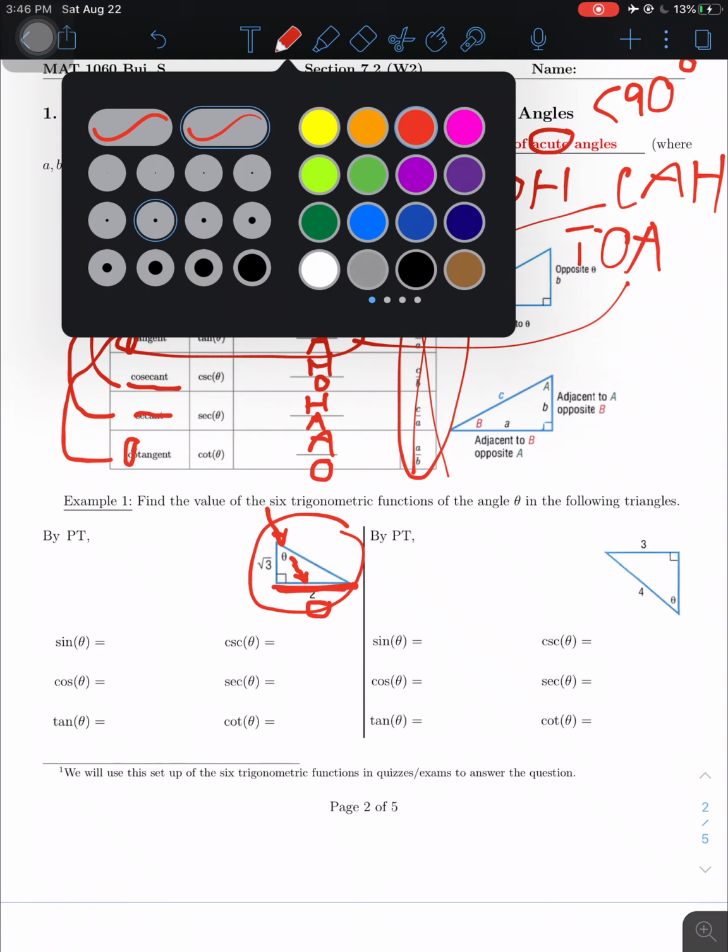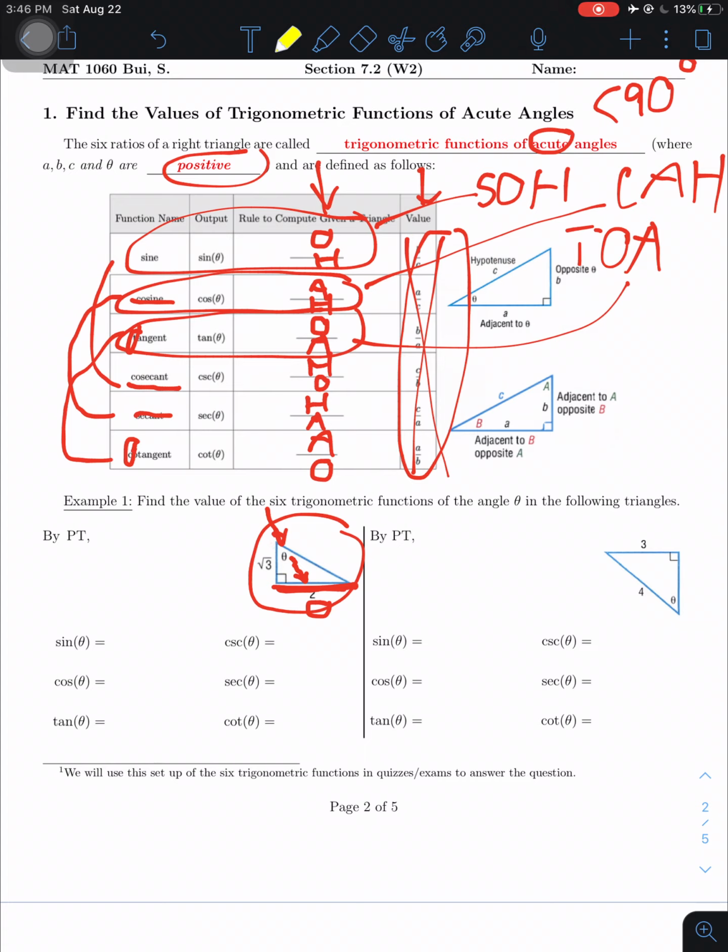That's the easiest one to know, personally. So now we have adjacent and hypotenuse. Just eyeball it. Hypotenuse has to be the longest side, right? And by definition, hypotenuse is the side that is opposite to the right angle. So here's the right angle, and we have hypotenuse right here.